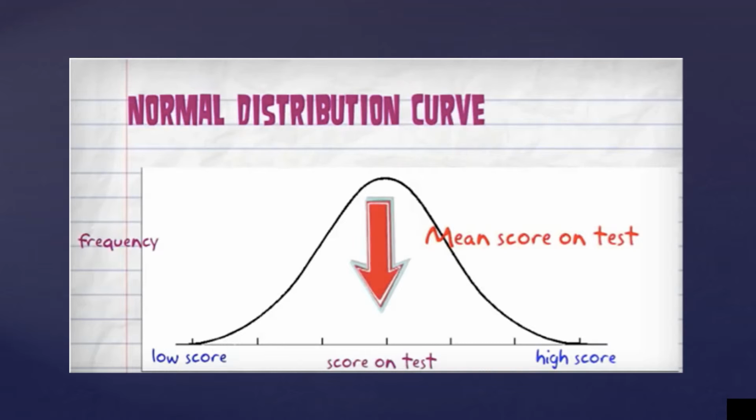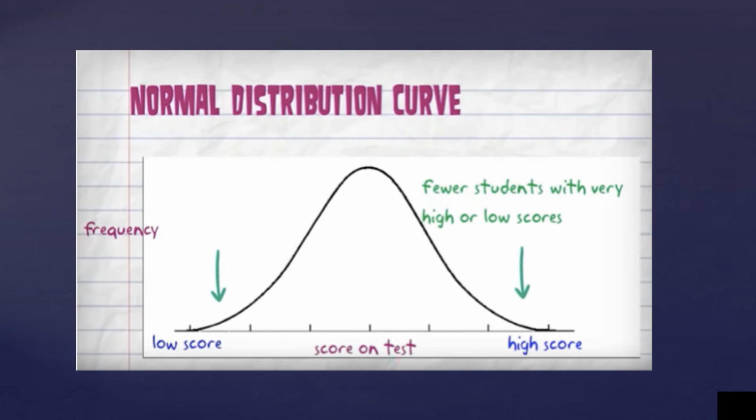The middle of the curve represents the mean score on a test, which represents the typical grade that can be expected from a BCD student. Fewer students with very high or very low scores are represented on the ends of the curve.